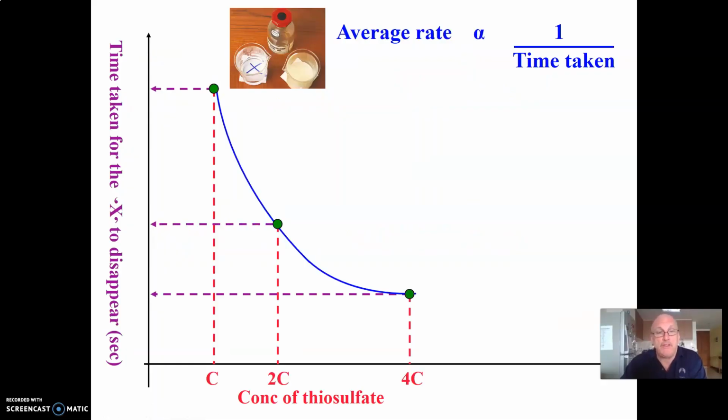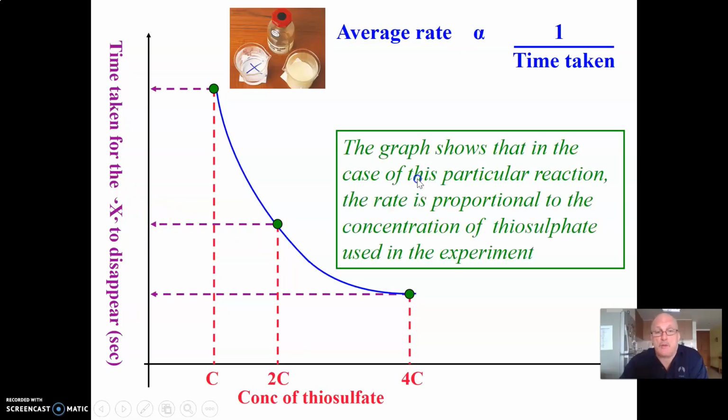And in this experiment from GCSE, you found that when you doubled the concentration of thiosulfate, the time taken was halved, and that meant that the reaction was twice as fast. So you could conclude that in this particular reaction, the rate of reaction is proportional to the concentration of thio.